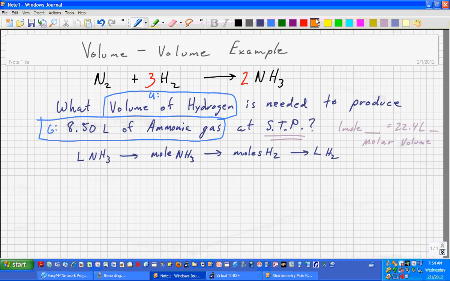Again, some of the things that we're going to use along the way, we're going to use molar volume here. We're going to use the molar ratio here. And we're going to use molar volume again here. All right, so let's go ahead and set this up.